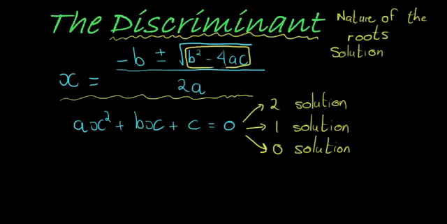You'll notice that if it is the case that b² - 4ac is less than 0, in other words, when I substitute and I get a negative number, then I won't be able to find the square root of that number, which means entering this into my calculator, I won't get any real answer.